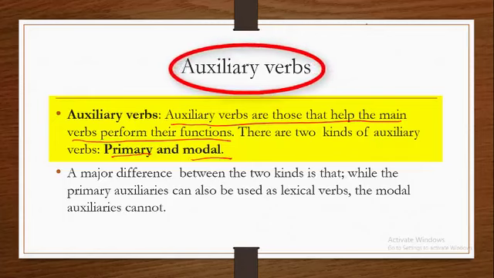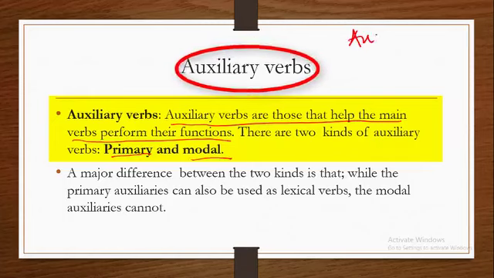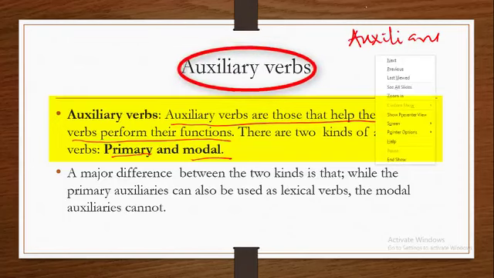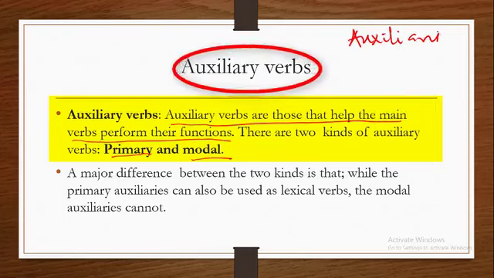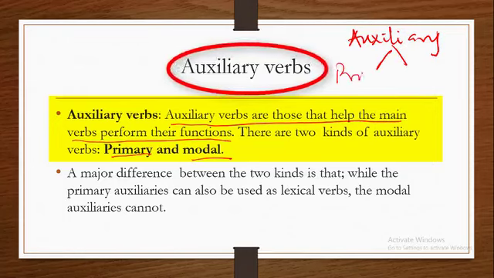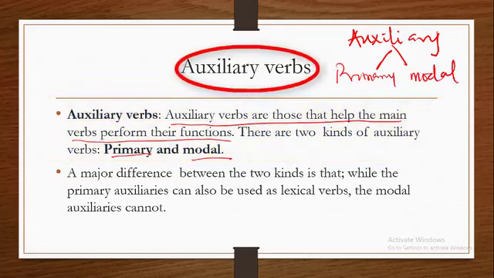So meaning that we can categorize auxiliary verbs into two. The first one is primary and the second one is modal. So these are the two kinds of auxiliary verbs.